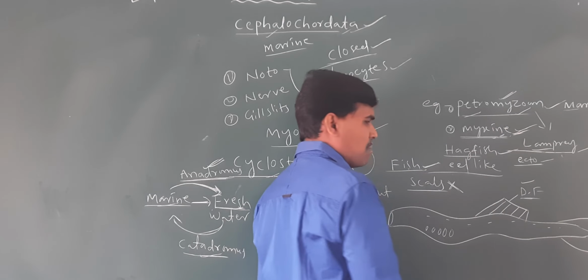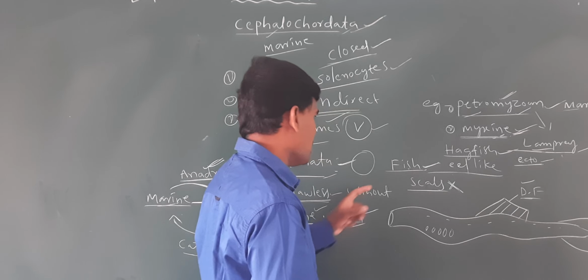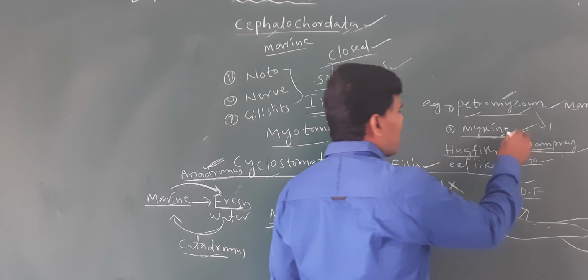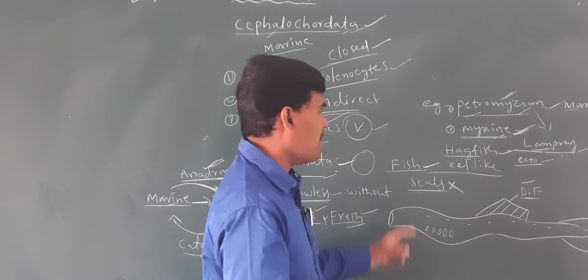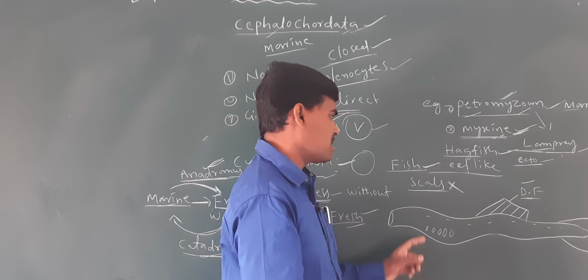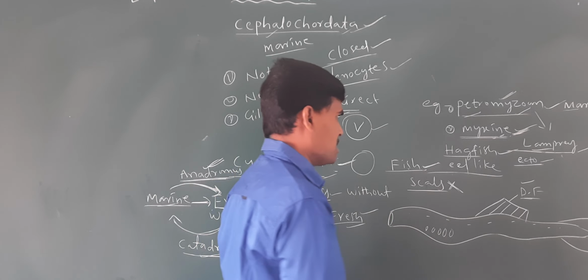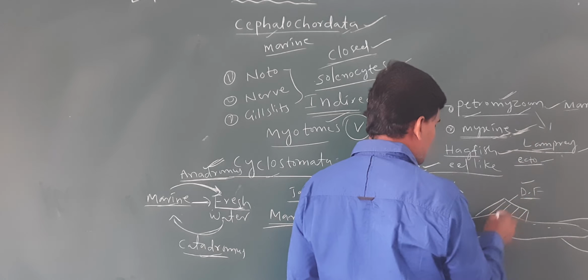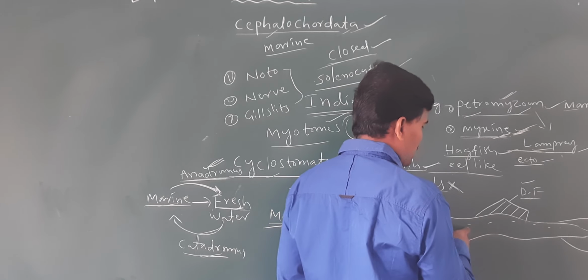The Myxins also have eel-like body structures. Sometimes Myxins or Petromyzons have slime glands that secrete slime or mucus into the water, and they are without scales.